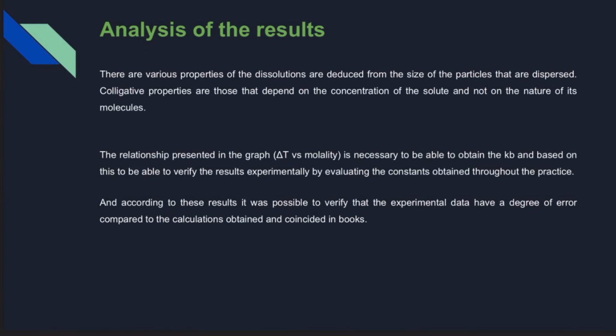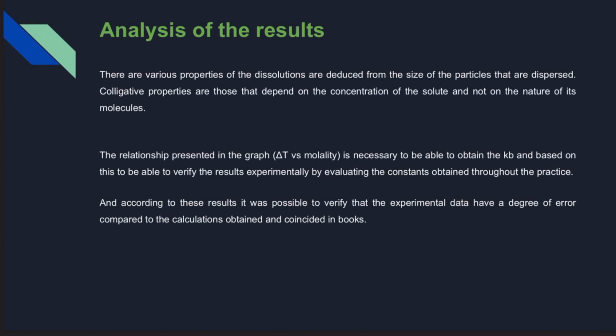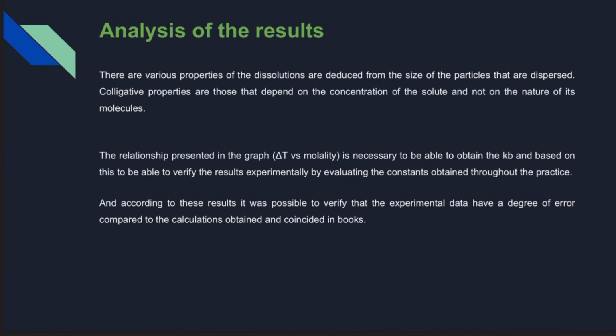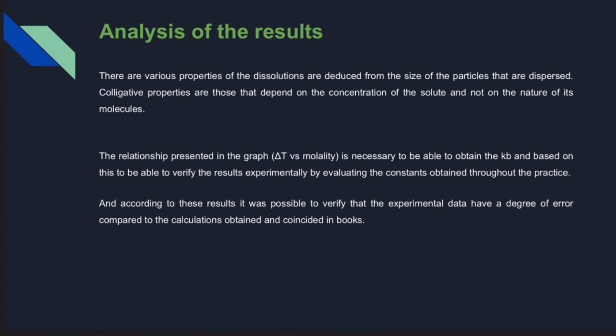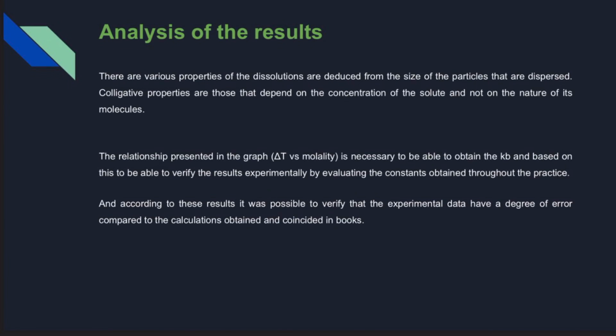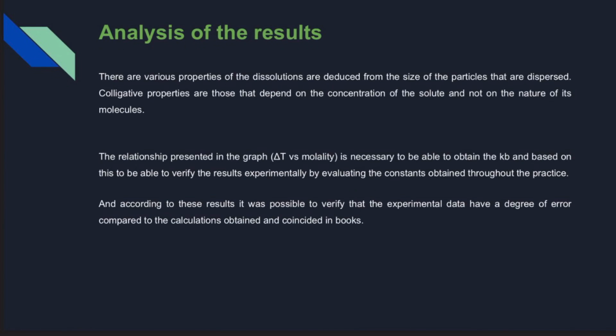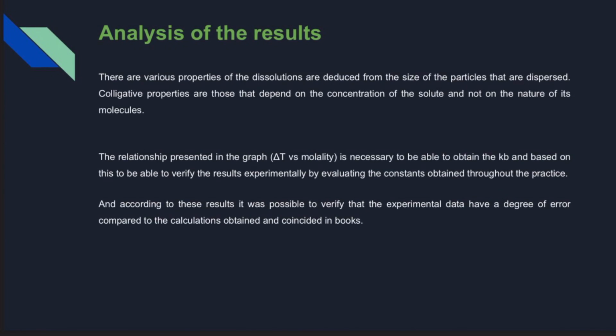The relationship presented in the graph, delta T versus molality, is necessary to be able to obtain the Kb, and based on this, to verify the results experimentally by evaluating the constants obtained throughout the practice. According to these results, it was possible to verify that the experimental data have a degree of error compared to the calculations obtained and those found in books.